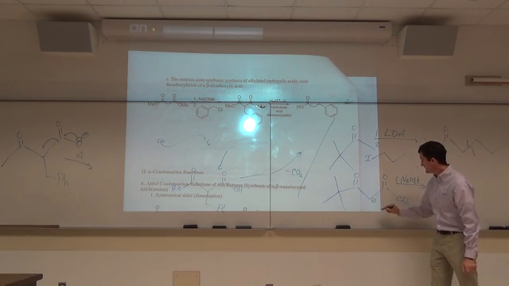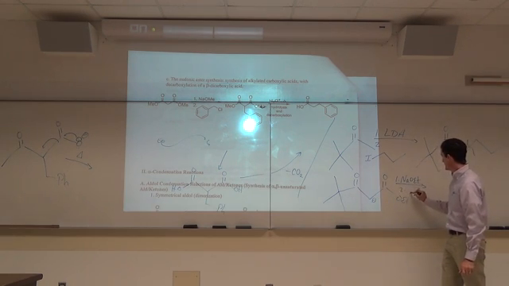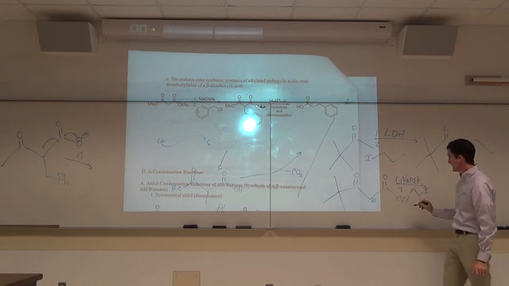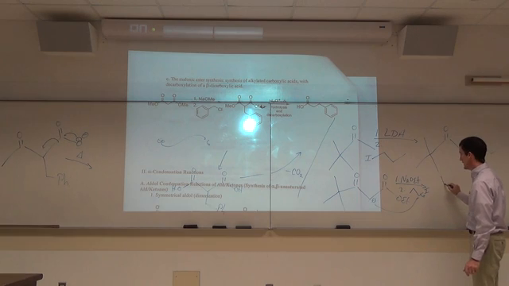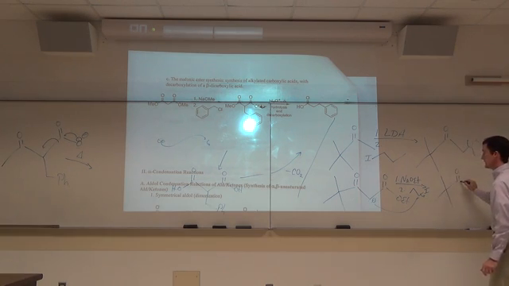That'll give us the anion. Now we come back with propyl iodide or bromide, and now this will alkylate. That would give that, right?